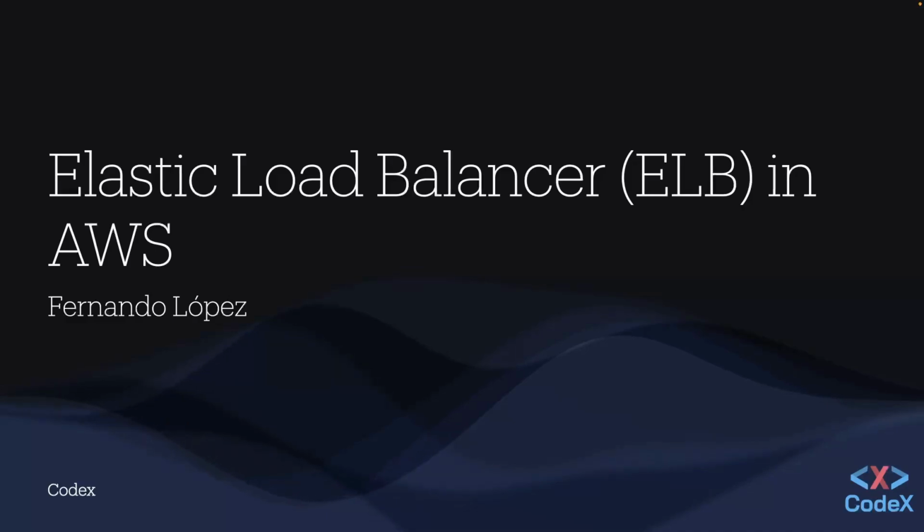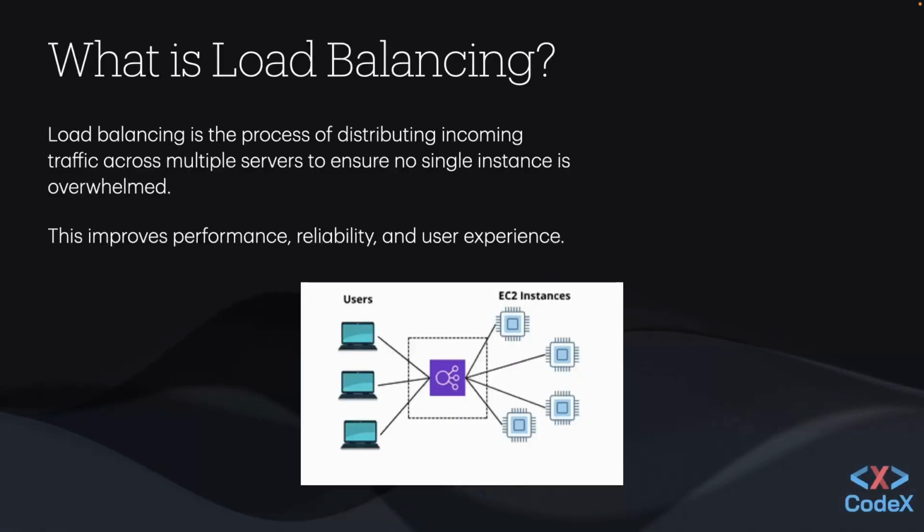Today we'll be discussing an essential service in cloud infrastructure, Elastic Load Balancer, ELB, in AWS. What is load balancing? Load balancing is the process of distributing incoming network traffic across multiple servers or instances to ensure no single resource becomes overwhelmed.